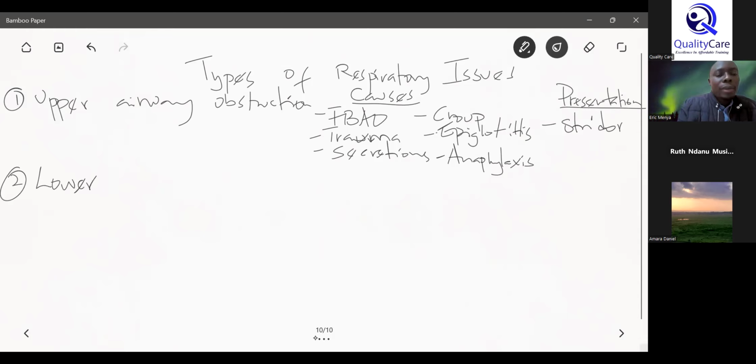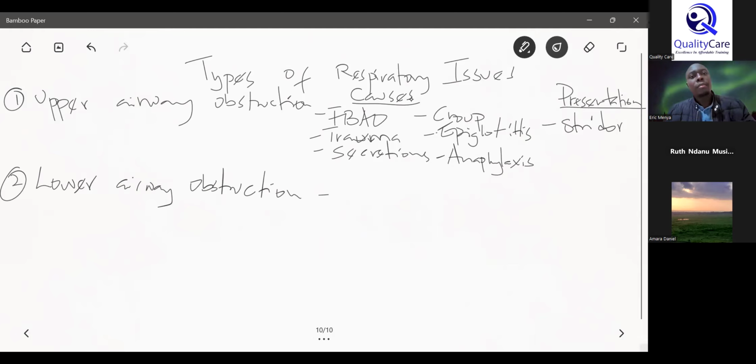Lower airway obstruction. What are some of the causes? Ruth, what are some of the causes of lower airway obstruction? So we have COPD, we have asthma.